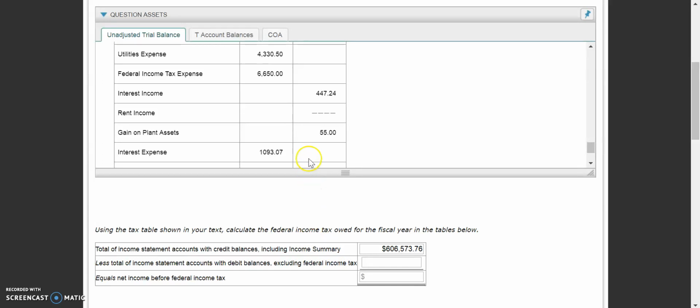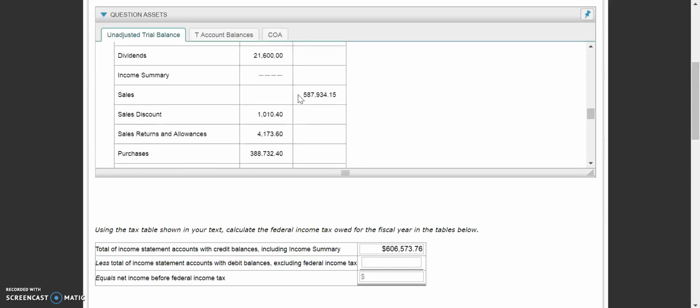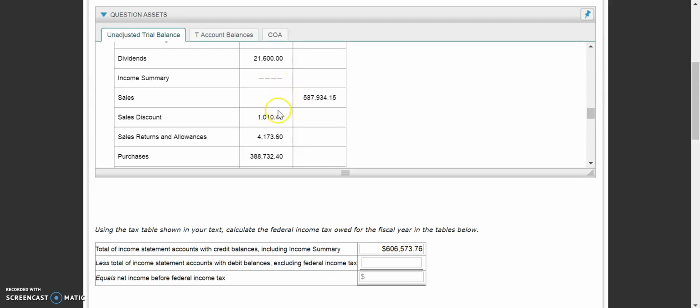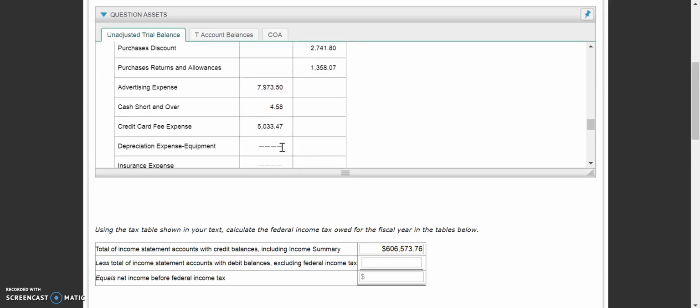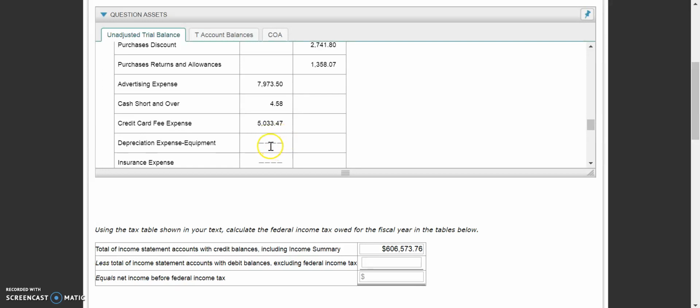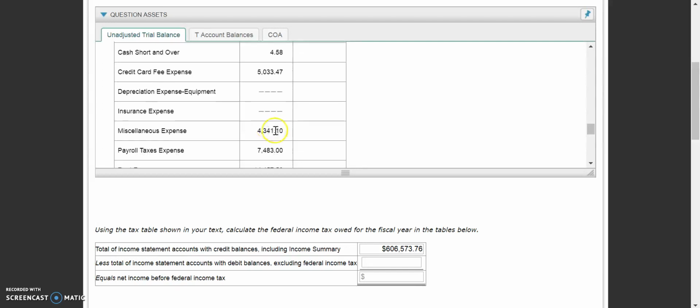So again, if we look up here, starting with where we have income summary, we're going to need sales discount, sales returns and allowances, purchases, advertising expense, cash short, credit card fee expense. Now remember, depreciation was one of our adjustments, so we'll have to look at our T account balances. Same thing with insurance.